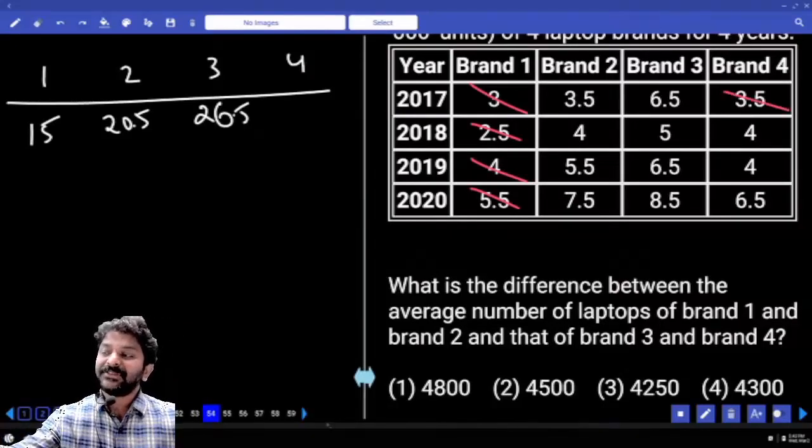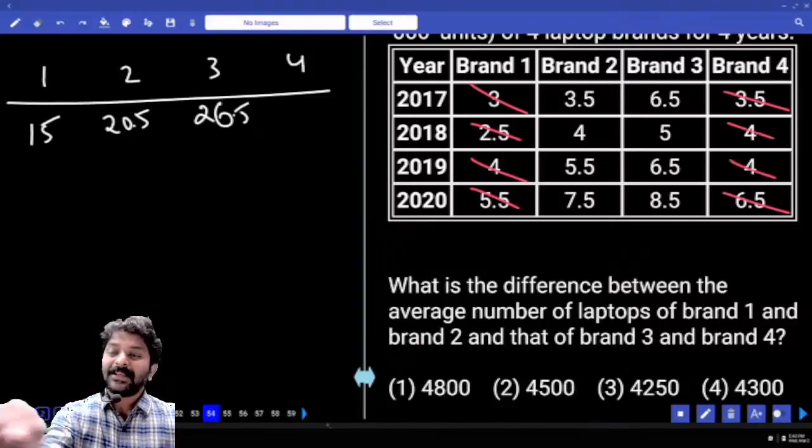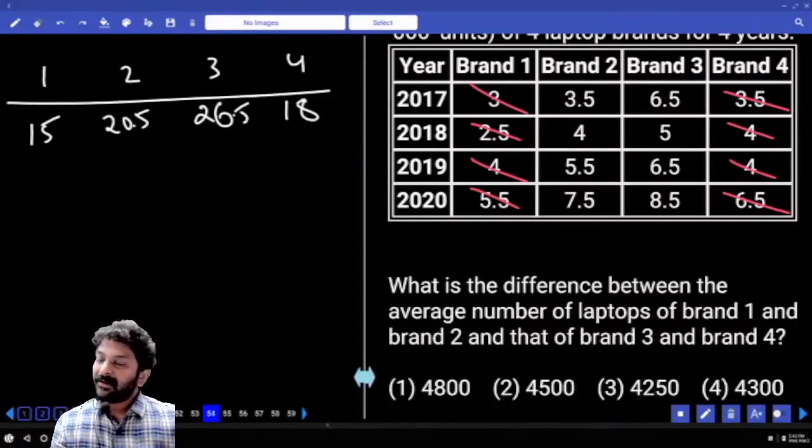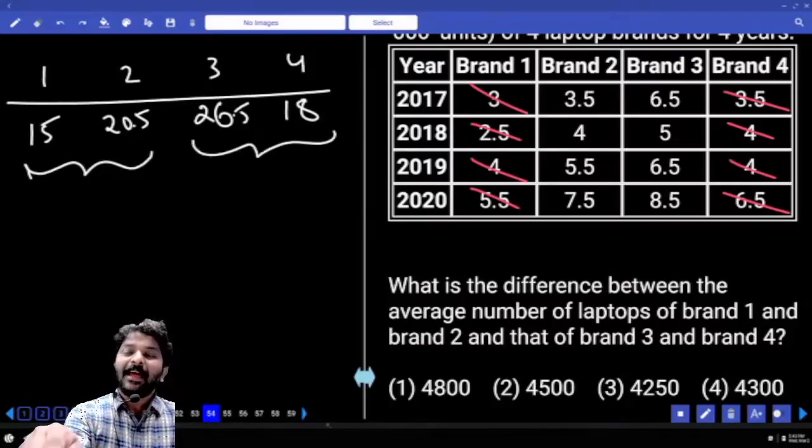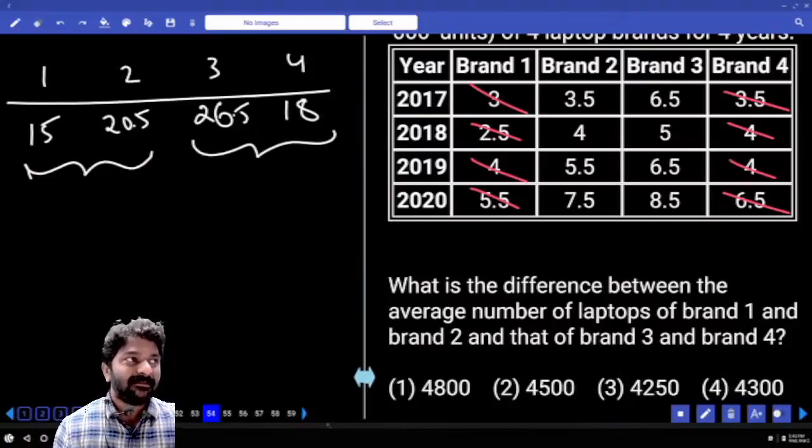Next, 3.5, 6.5, 10. 10 plus 8, 18. So now we were asked to calculate the difference between the average of these two and the average of these two. Let's first calculate the difference, then we can convert into average.